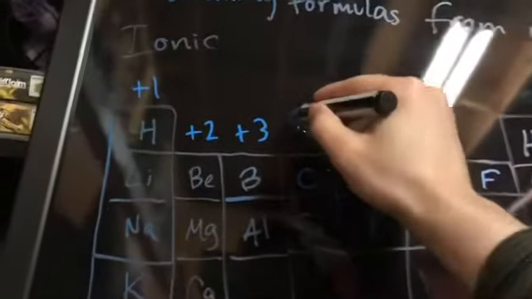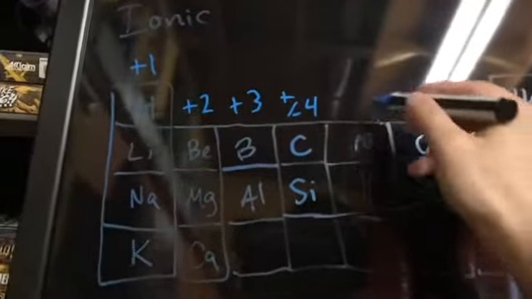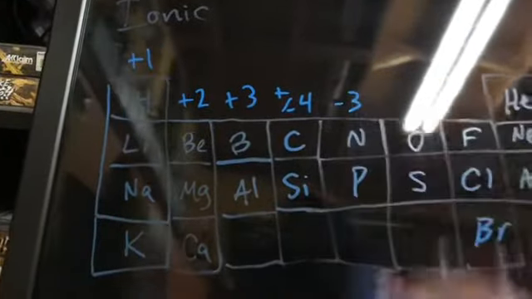Now these ones here, they can sort of go either way. We saw that carbon makes ions that have 4 valence electrons, so they tend to make 4 bonds to do covalent. But I'm just going to write here plus or minus 4. And then these ones here, they make ions of -3 because they're nonmetals, so they gain 3 electrons.